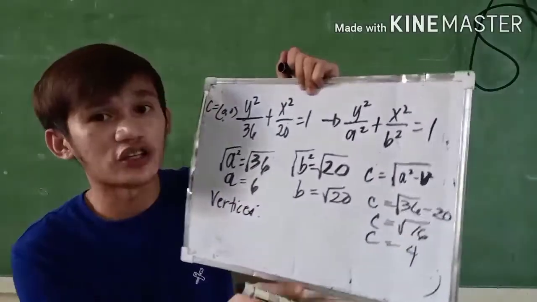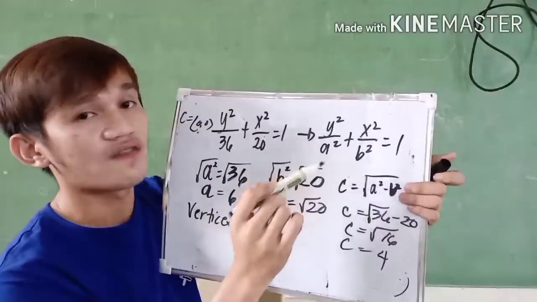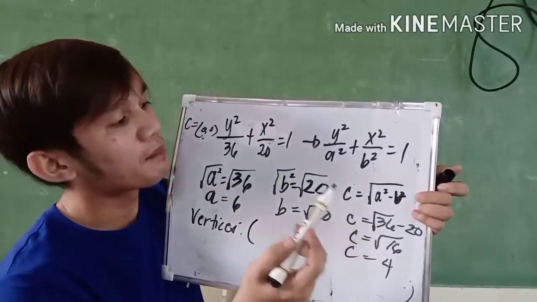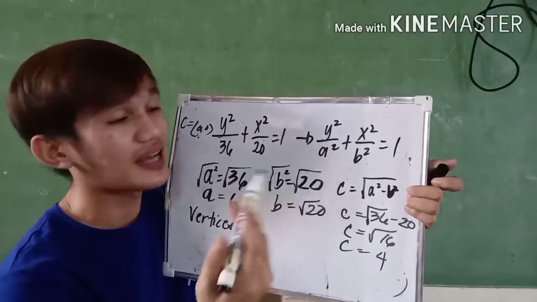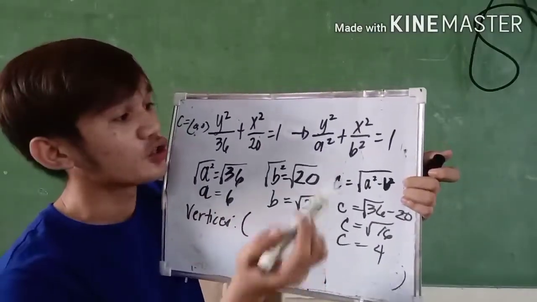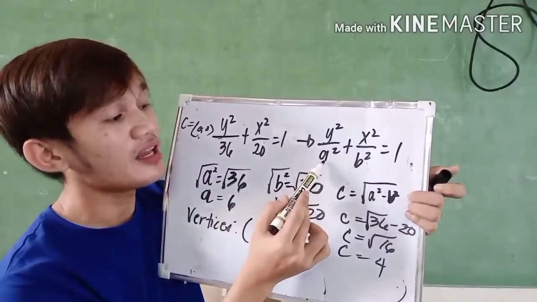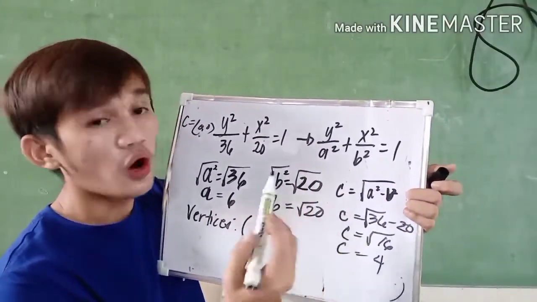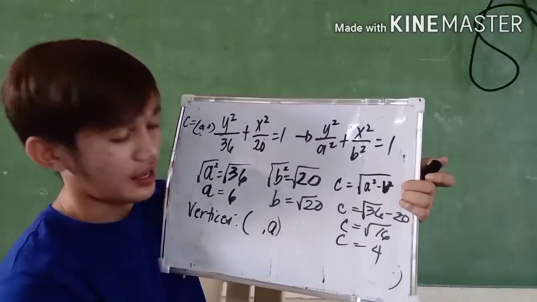para makuha po natin siya. You are just going to look to the given. Kung alin po ang may mas malaking given na value ng a, kung nasaan si a, automatic hindi siya yung magsi-zero. So dahil ang y natin ang may malaking denominator na a, automatic siya yung magiging a. Okay?